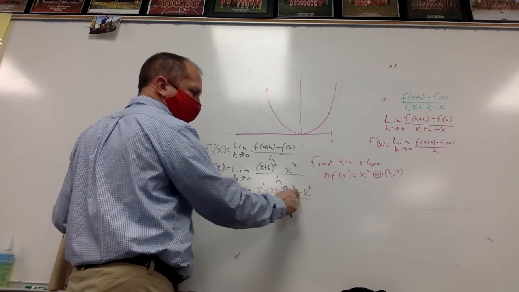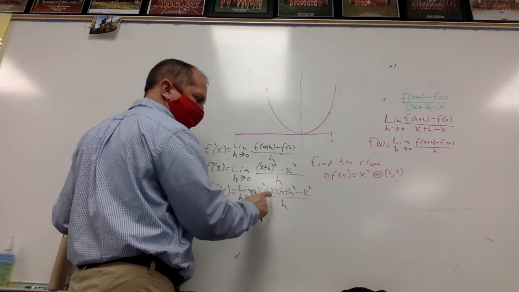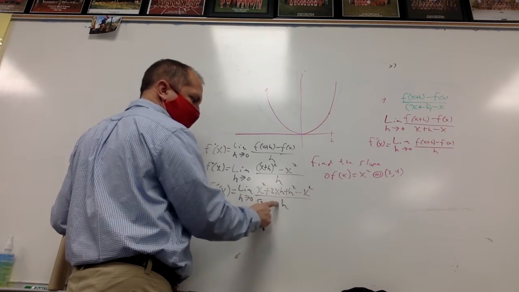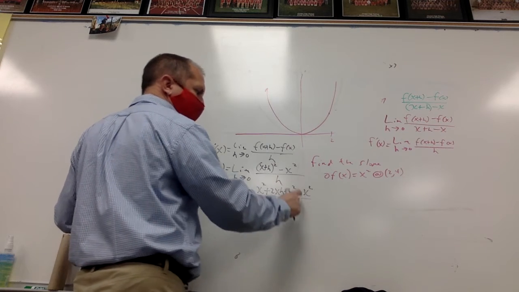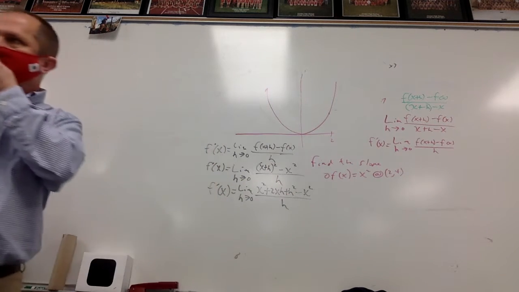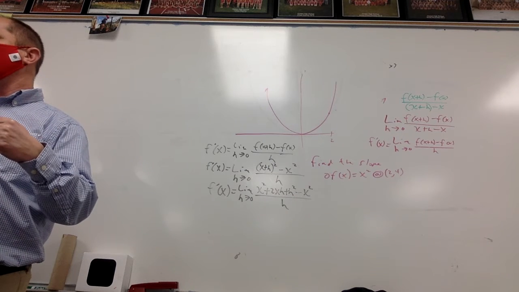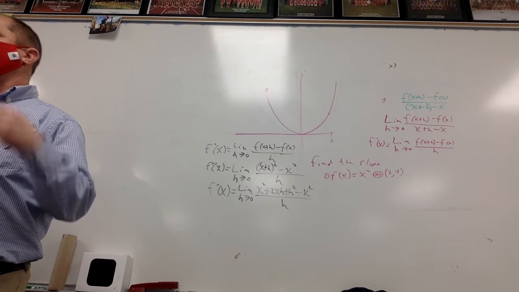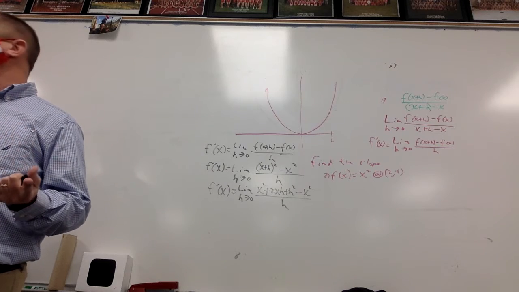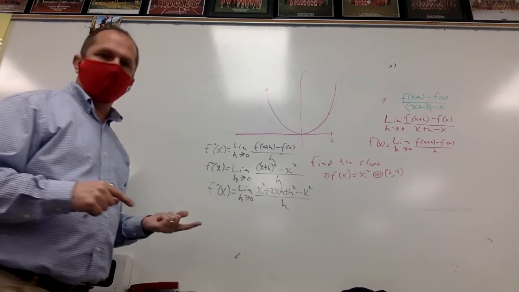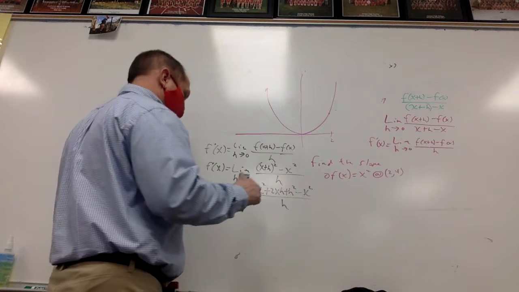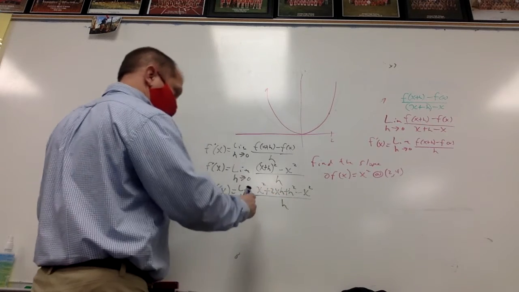So it's just x squared minus x squared, which would be 0. And then you'd have a 0 in the denominator, so you'd have a 0 over 0 here. And we talked about that earlier. If you've got a 0 over 0, then there's a good chance that it'll reduce and give us something that we can work with. So let's see what happens here.